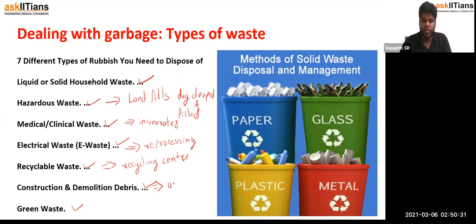Nowadays it is used in construction itself. Green waste is disposed of and made into manure. So these are the ways we deal with the different types of waste.